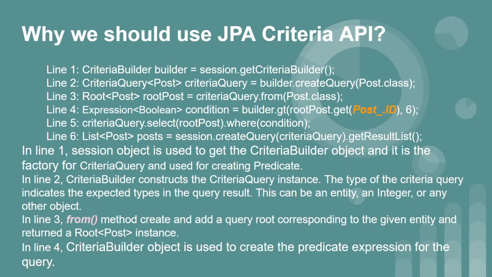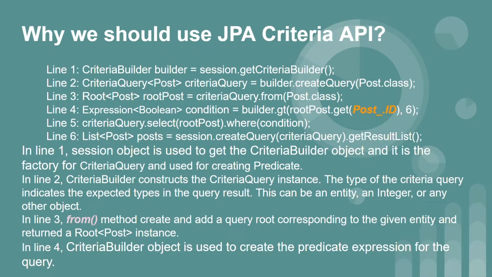Let's understand it line by line. In the first line, we are getting the CriteriaBuilder object from the session. This CriteriaBuilder object acts as a factory for CriteriaQuery instances, and it is also used for creating predicates.